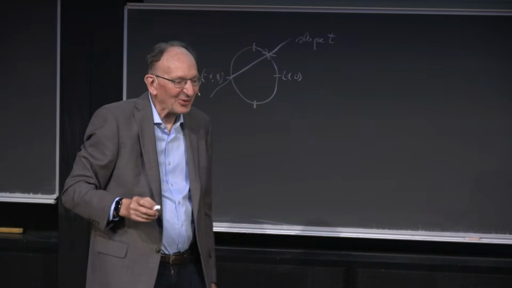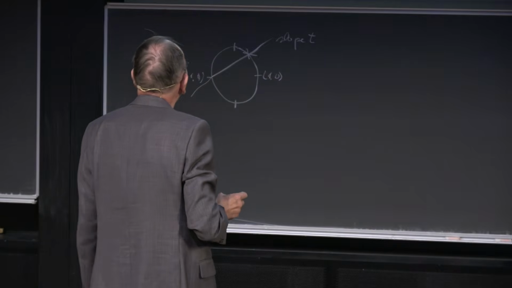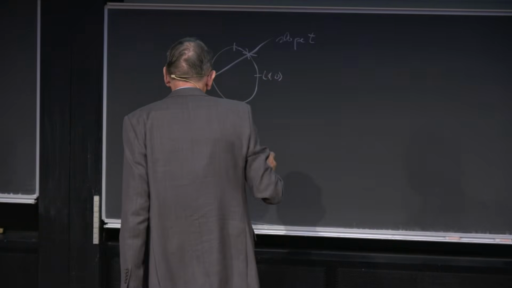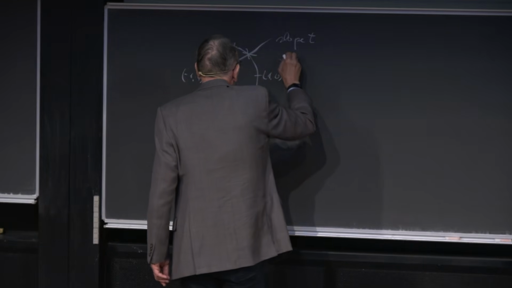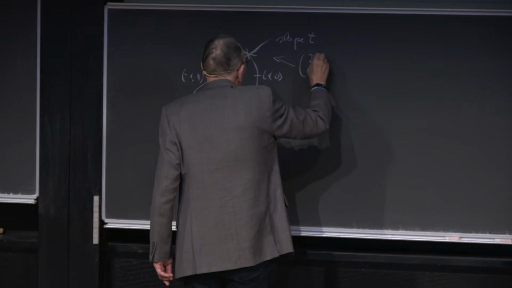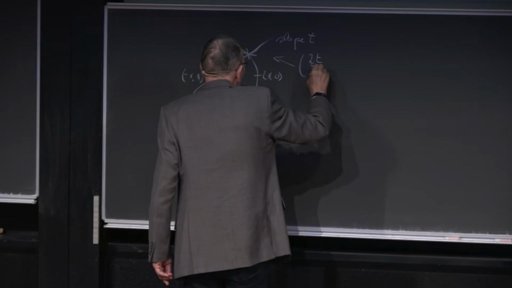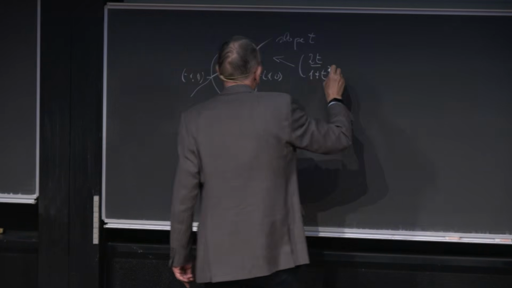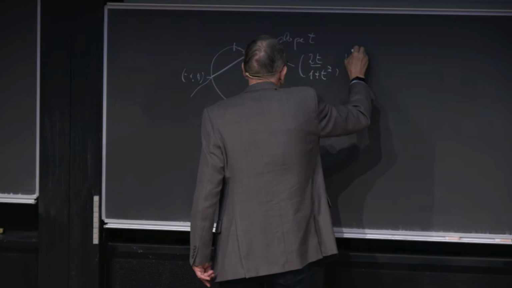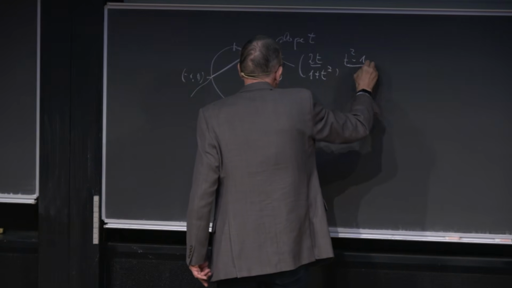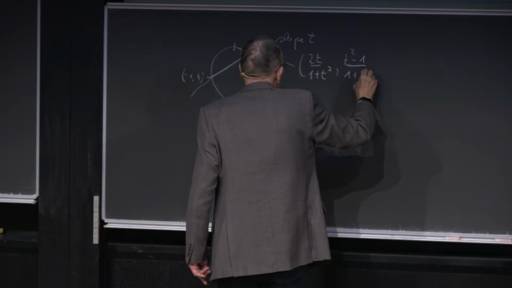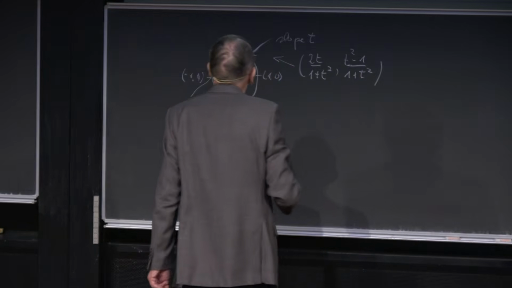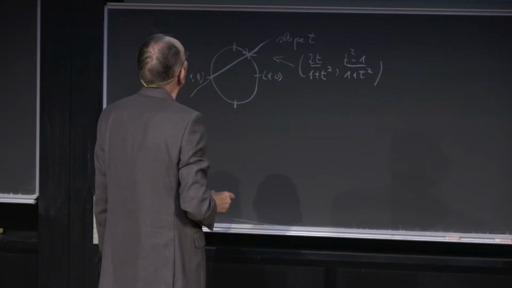And when I made the notes, I figured out what these are. So it's a point with coordinates 2t over 1 plus t squared, and 1 minus t squared over 1 plus t squared, or t squared minus 1. I hope I wrote this correctly.